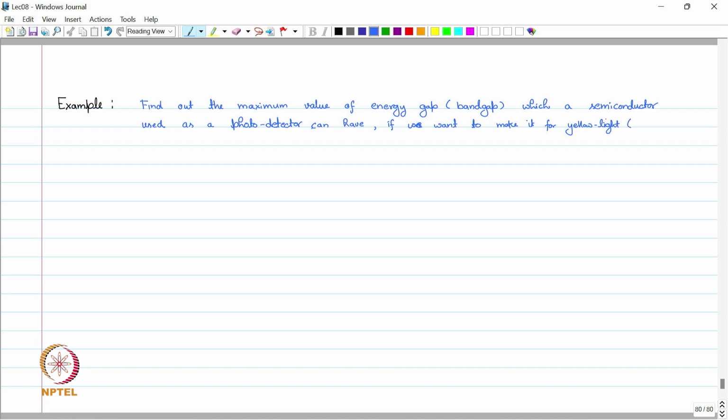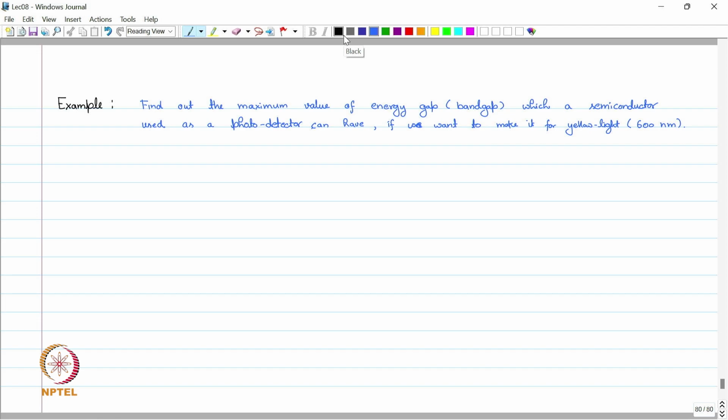And when we have yellow light, we know the lambda for yellow light, which is 600 nanometer. So this is the example. So let's see what is the solution.